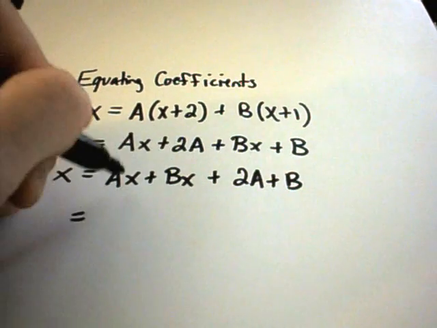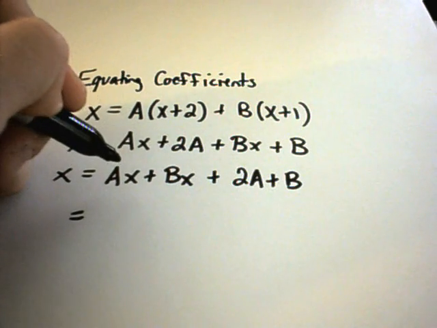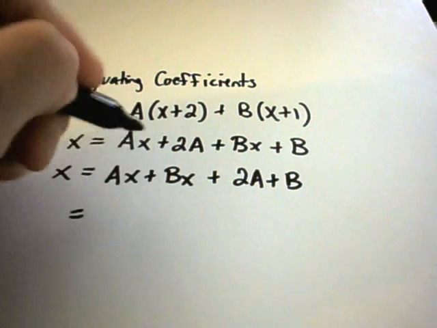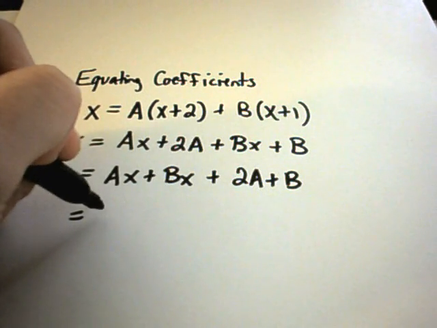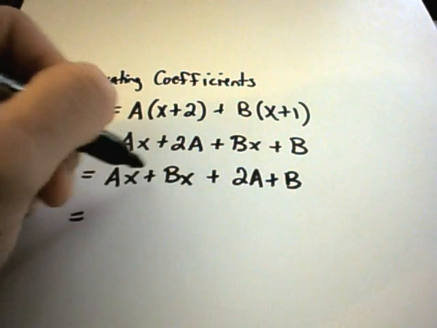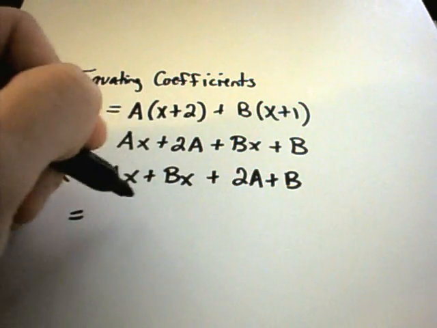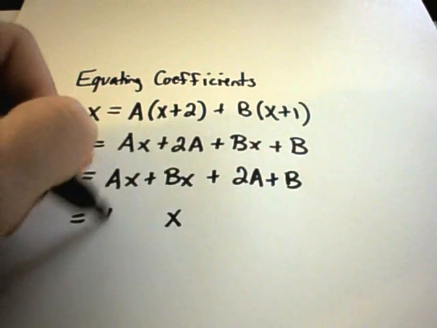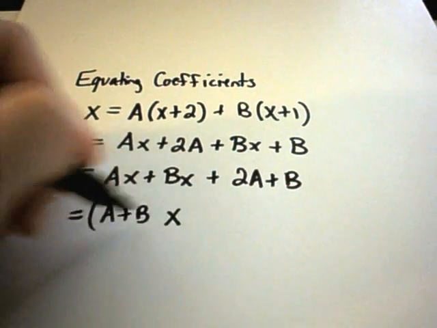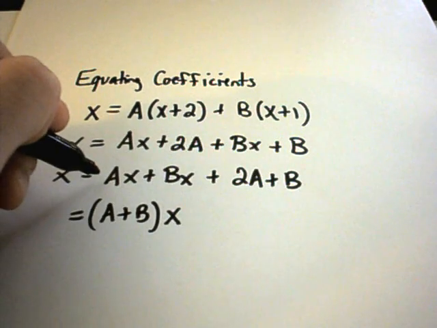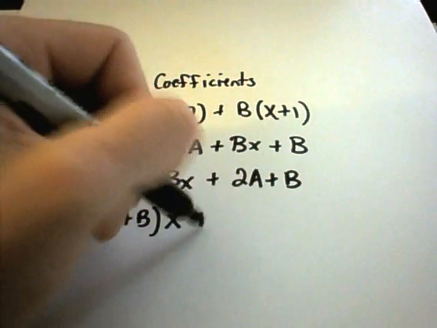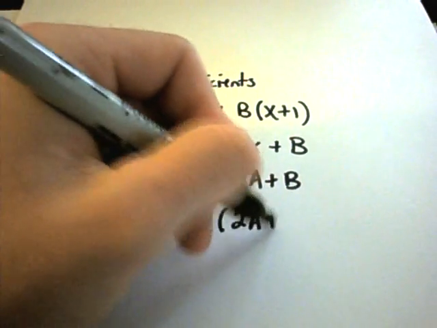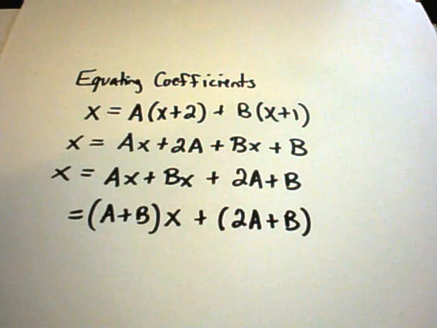Notice you can factor an x out of the first two terms, but I'm going to pull it over to the right-hand side. You could factor the x out front, but with multiplication the order doesn't matter, so you could pull it over to the right side as well. And then I'm going to stick my constants in one set of parentheses.